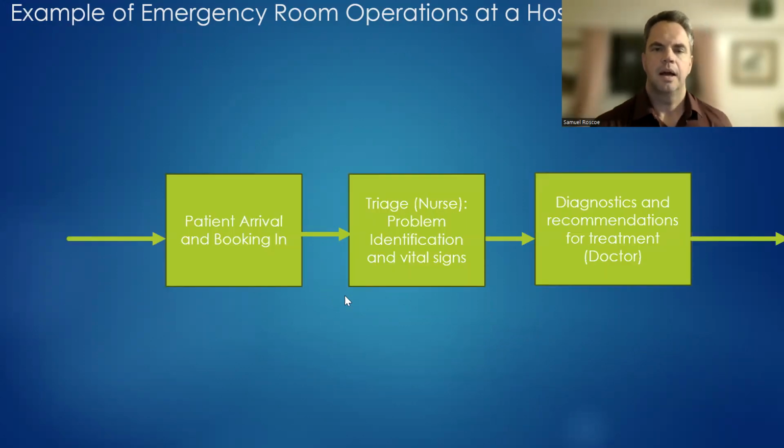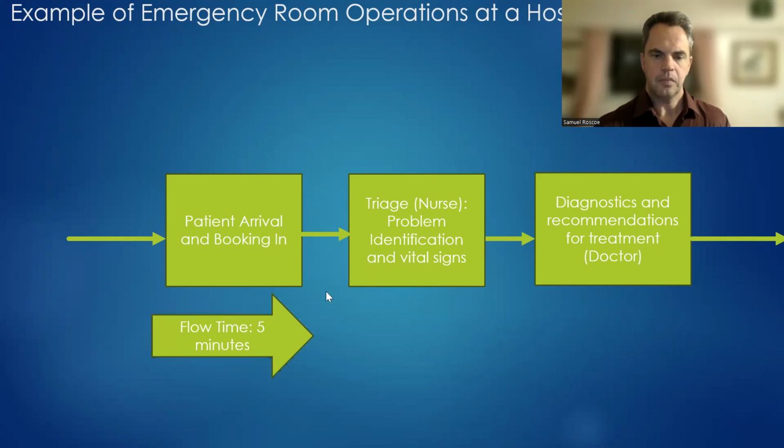So if we look at a very straightforward process, a patient arrives and books in. You then have triage where the nurse identifies the condition of the patient, what is their problem, takes their vital signs, and then you move into diagnostics by a doctor or consultant, and recommendations are made for treatment.